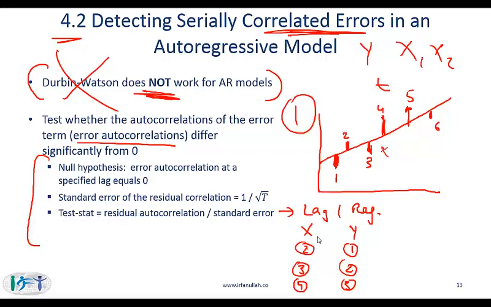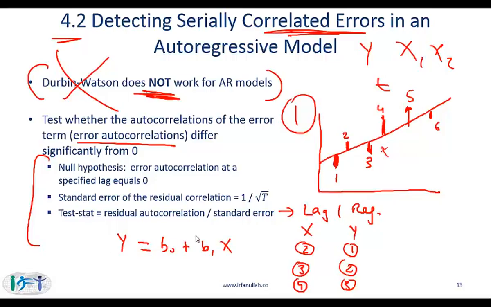Now, when you run this regression, will you get an equation? You will. You will get an equation as usual in the form y is equal to b0 plus b1 into x, where the y and the x are simply the error terms, and the error term in this case would be one lag previously.